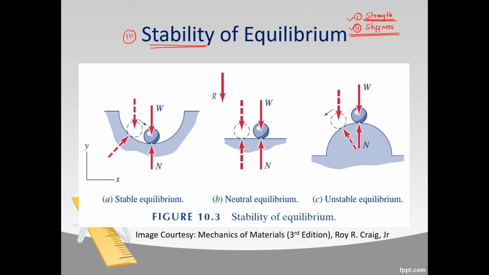So what is stability? Stability is the property or the ability of a structure related to change in the configuration of our structure. Stability means the ability to support a given load without experiencing a sudden change in its configuration.